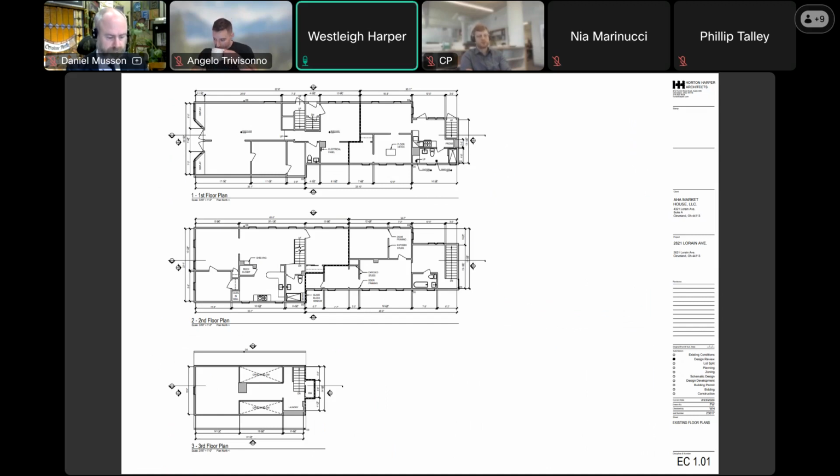We are looking to completely overhaul this interior. We will be keeping a portion of the tin ceiling that's in the retail space on the first floor. Currently going through a negotiation with SHPO on how much and how our new floor plans are impacting that tin ceiling. Next.